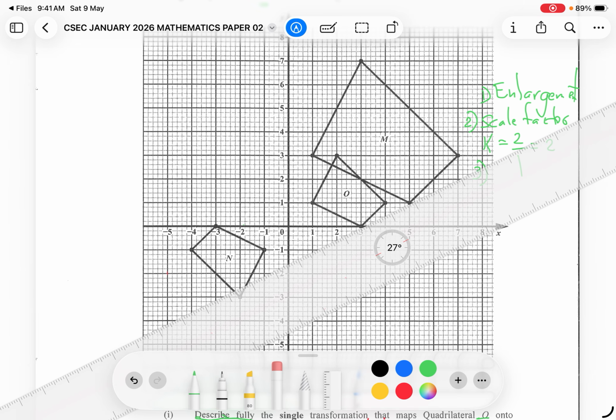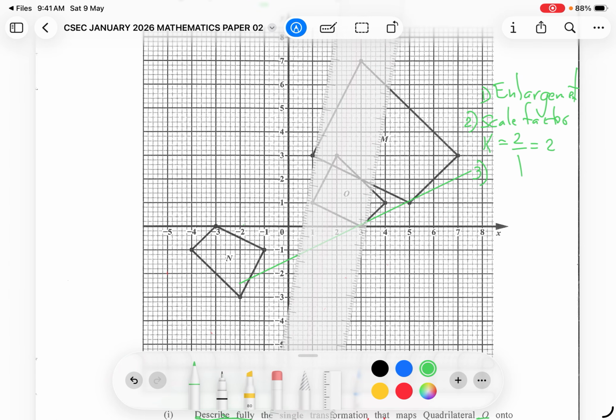What am I doing now? I'm trying to find the center of enlargement. How? I'm aligning the vertices of 2 corresponding points. When I align them, I draw a line and extend it as far as possible. And I will connect 2 other corresponding points.